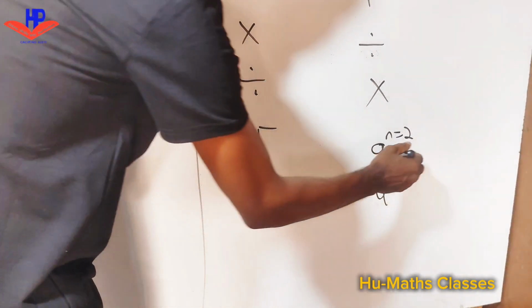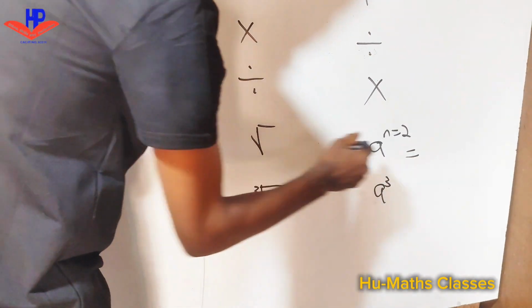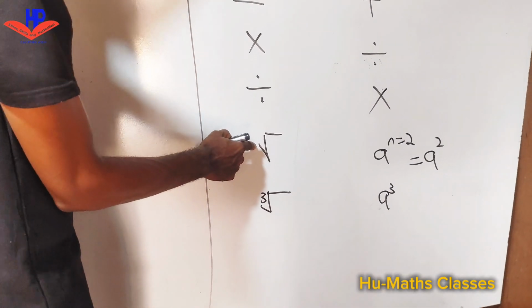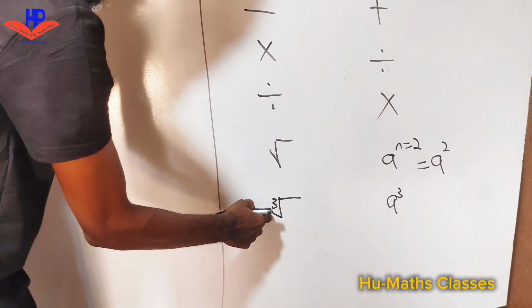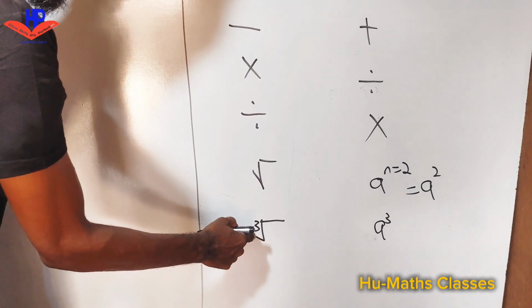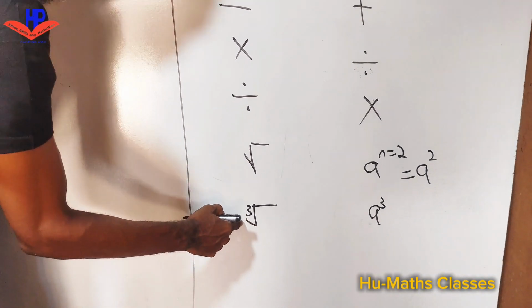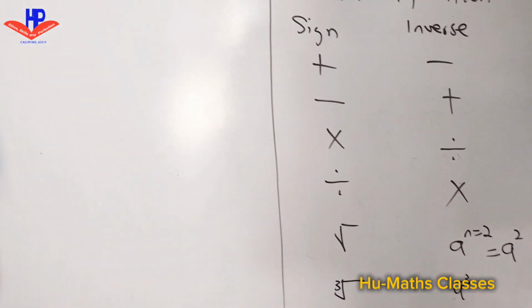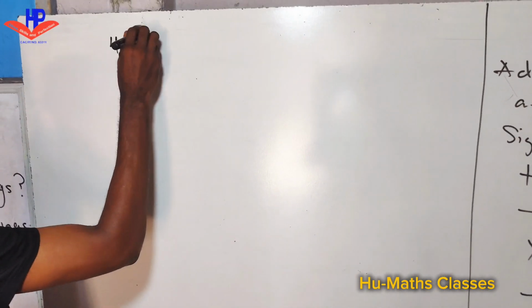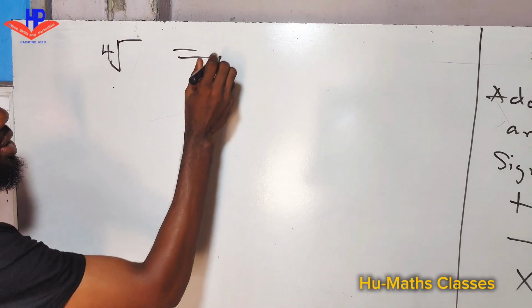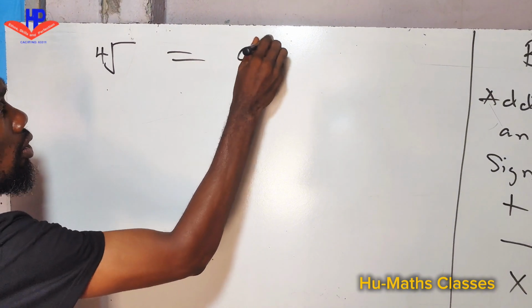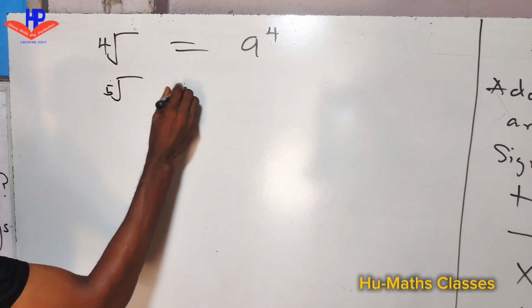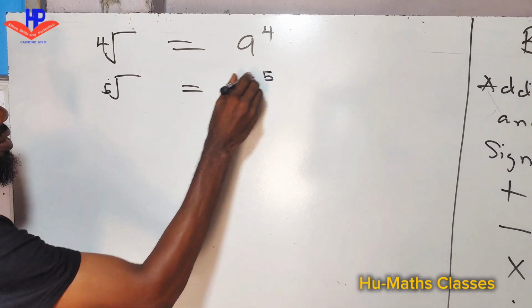So I can also say that the inverse of this root is power 2. And the inverse of 4th root is power 4. The inverse of 5th root is power 5.